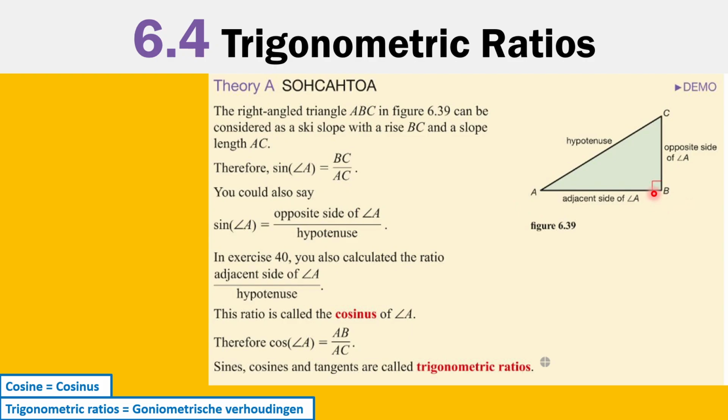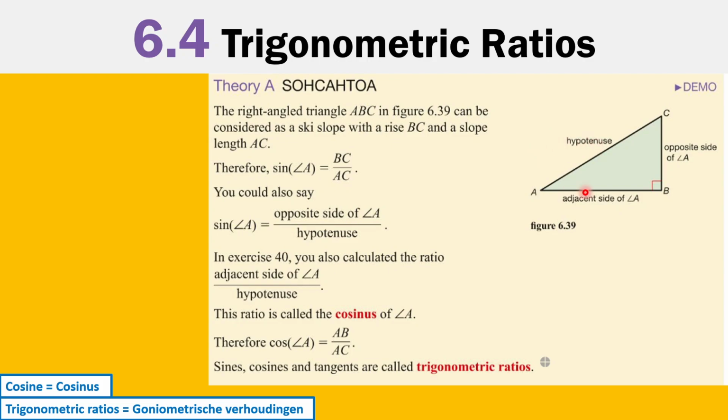And in the previous paragraph we discussed that the sine of A is the rise divided by the slope length. We're not going to say slope length and rise again. We're going to say it like this. I would rather have had the book call it out like this immediately, but okay. The sine of angle A is the same as the opposite side divided by the hypotenuse. That's the sine of angle A.